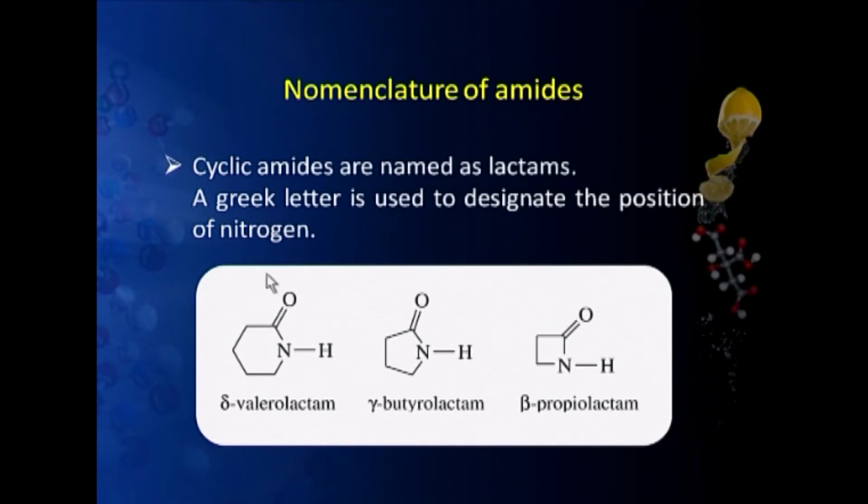So, cyclic amides are named in a slightly different way. We designate the position of nitrogen on the chain starting from the carbonyl site, and that carbon is assigned alpha to which carbonyl is attached, and the number of the carbon to which nitrogen is attached is mentioned, and then the ending term is lactam.